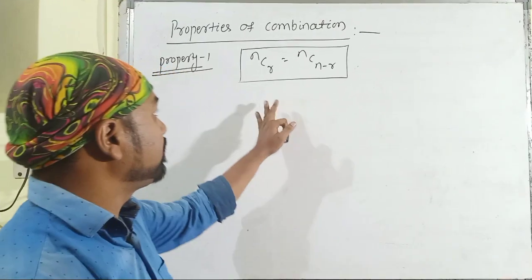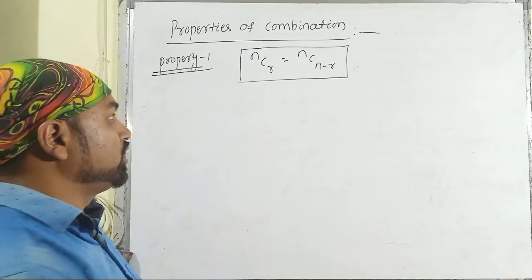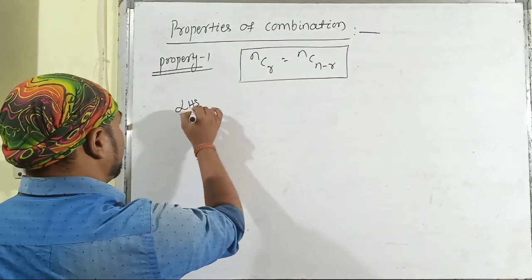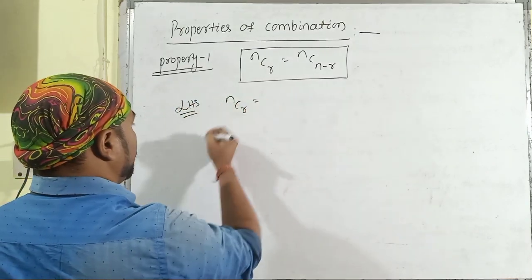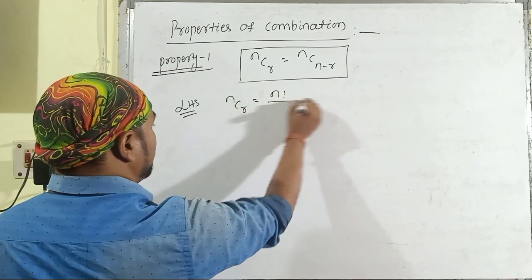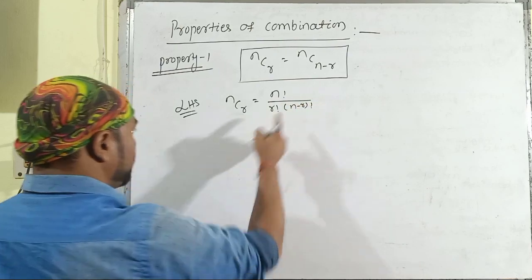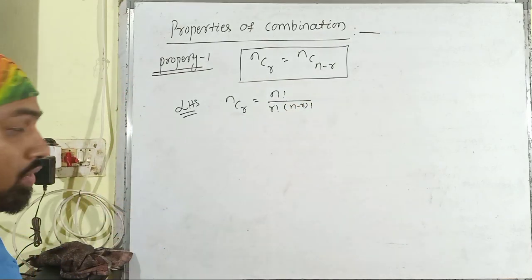So here is the first property based upon the properties of combination topic. Let us prove it. Considering the left hand side first, we know that the value of nCr is equal to n factorial divided by r factorial multiplied with factorial of n minus r, because this is the genuine formula for combination.